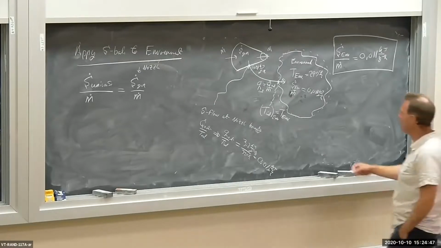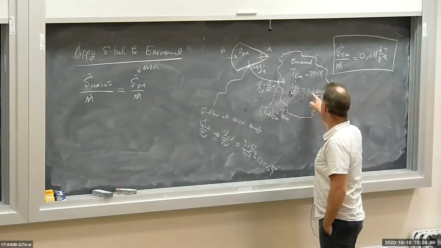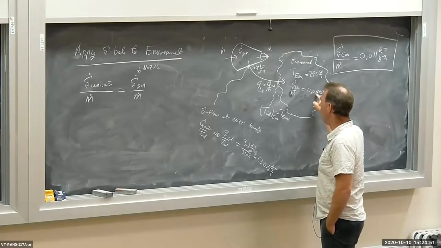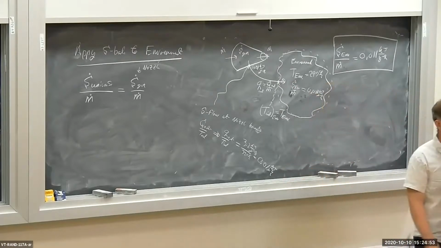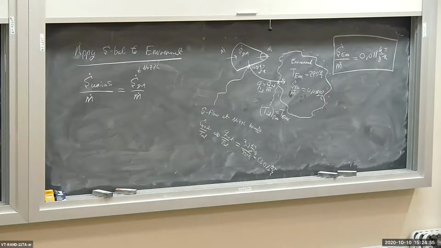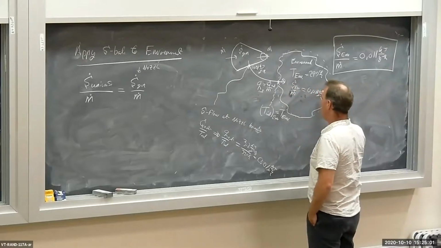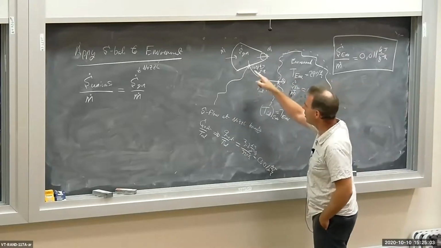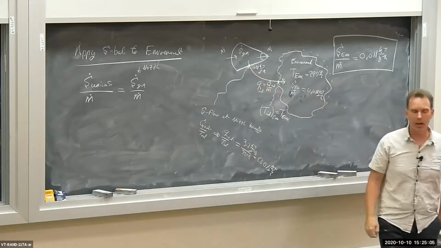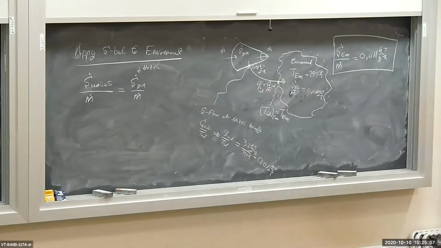But it's entering the environment at 0.011 kilojoule per kilogram Kelvin. So the amount of entropy flowing into the environment is greater than the entropy flowing out of the nozzle. What is going on? Let me draw this one more time.